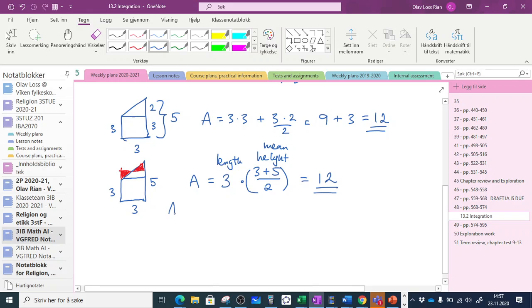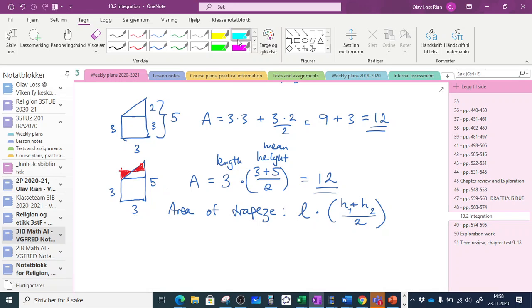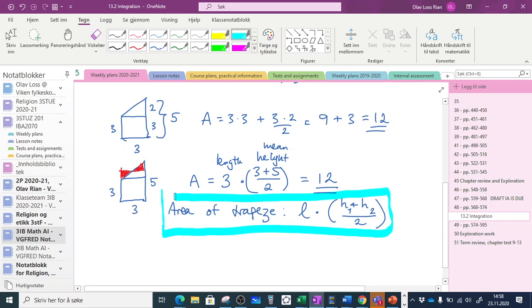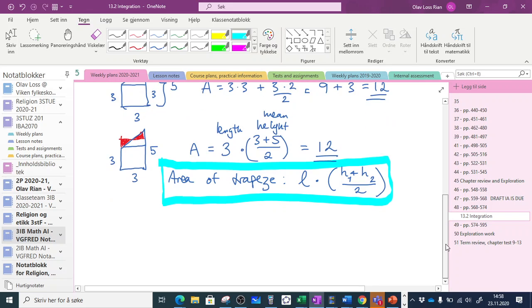But generally, to find the area of a trapeze, we take the length of the baseline and multiply that with the sum of the two heights, let's call them height 1 and height 2, and divide that by 2. So this is what the formula looks like. It's a rule we can use. Okay, so that's a starting point, and it's useful to know when we set off with investigation 3.